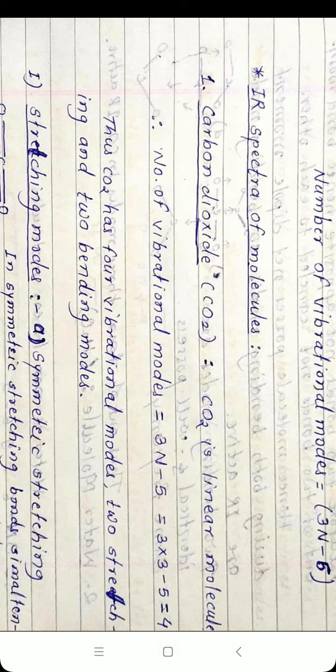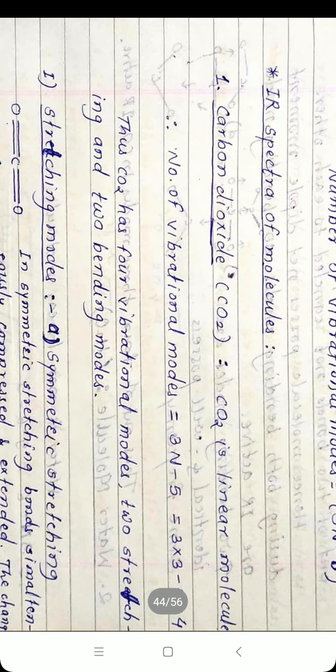Is carbon dioxide linear or non-linear? It is a linear molecule. Therefore, first calculate the number of modes of vibrations using 3n minus 5. Number of atoms is 3. Therefore, 9 minus 5, 4 modes. How many modes of vibrations? 4 modes.